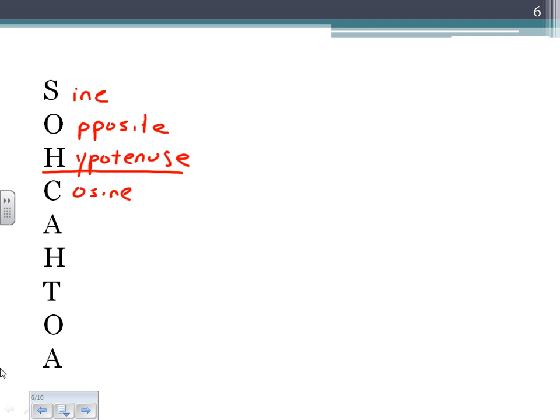The A, Stephanie Reyes? Adjacent, good. Mario, what does the H stand for? Hypotenuse, very good. So there's your sine and your cosine.